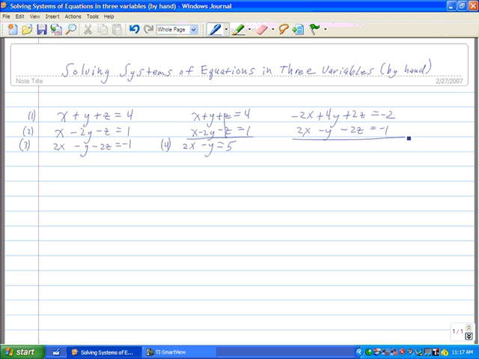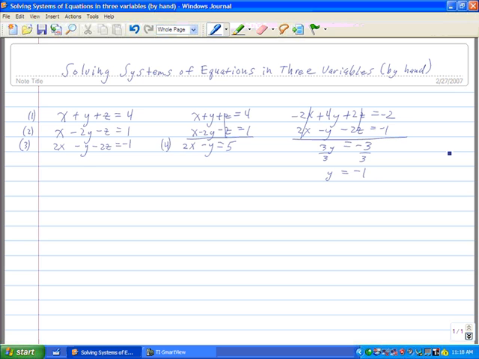And again, adding, it just so happens, by luck, the x's cancel. I have a 3y, the z's cancel, equaling a negative 3. Now I can divide by 3. I get y equaling negative 1.